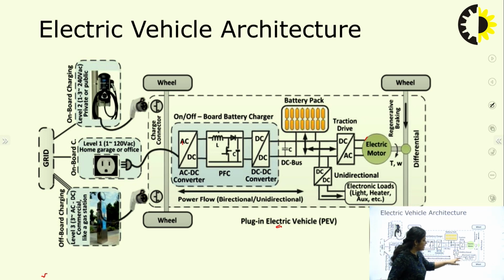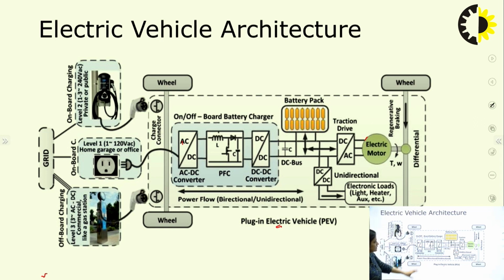It carries only unidirectional power flow, but for the electric motor this shows bidirectional power flow, because when braking takes place by the person sitting in the vehicle, the energy will flow from the electric motor to the converter side, right? So that's why it is showing the double arrow direction, right?